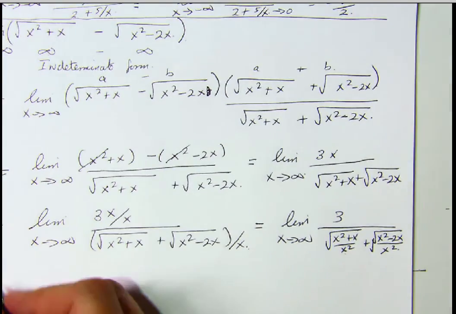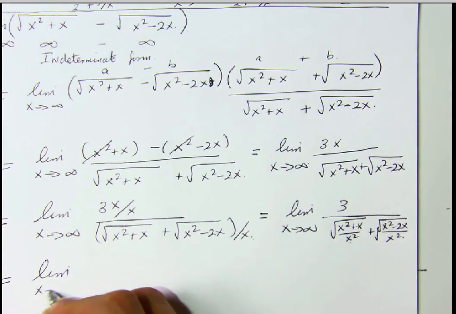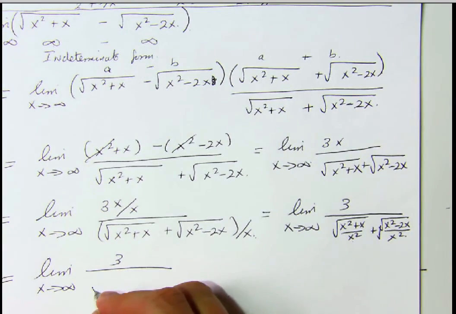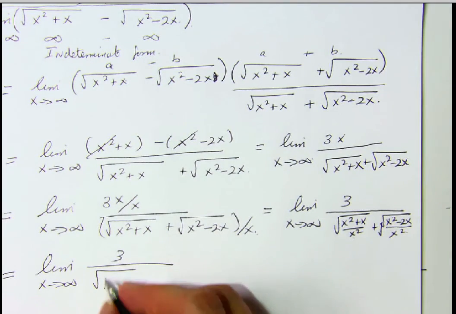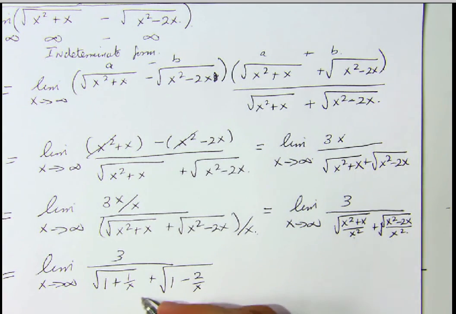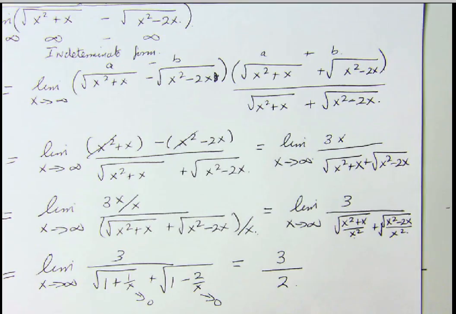So that's simply algebra there, and that is the limit as x approaches infinity of 3 over, and now I can cancel this x squared and I get the square root of 1 plus 1 over x, plus the square root of 1 minus 2 over x. Now as x goes to infinity, that goes to 0, that goes to 0, and the whole thing goes to 3 over 2.